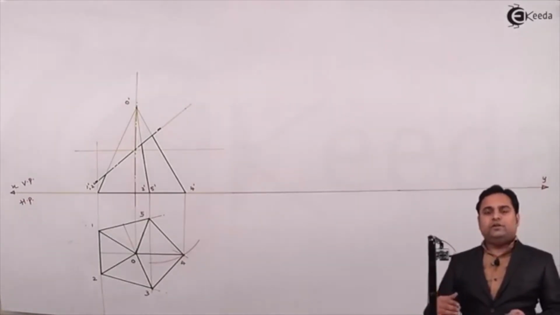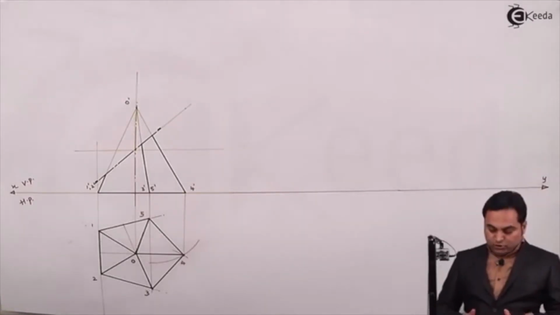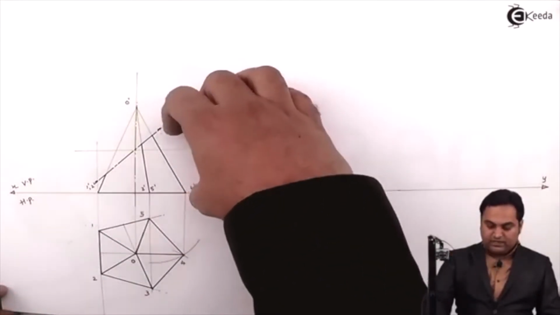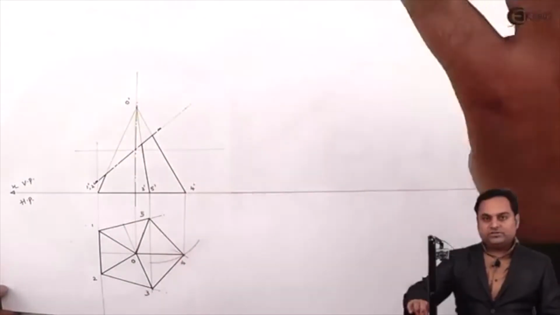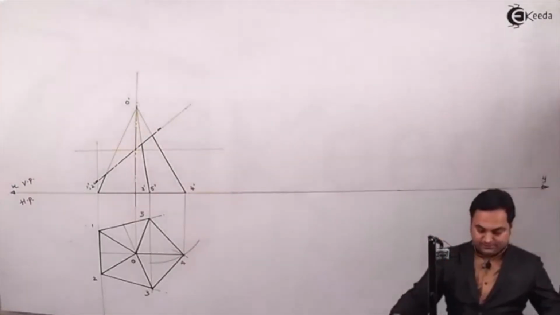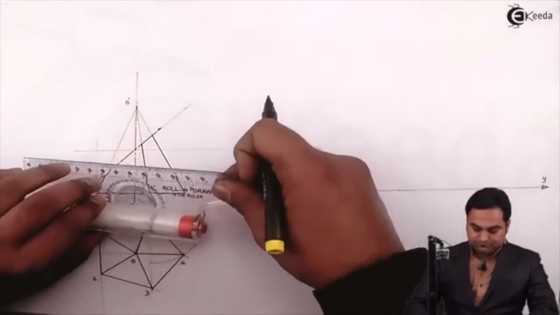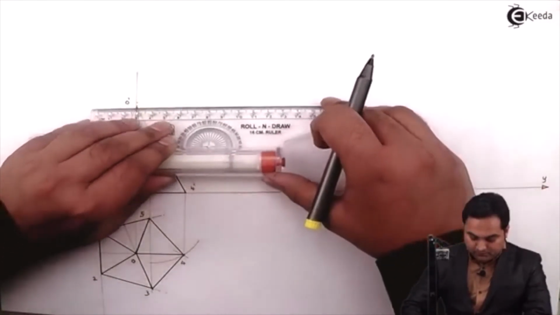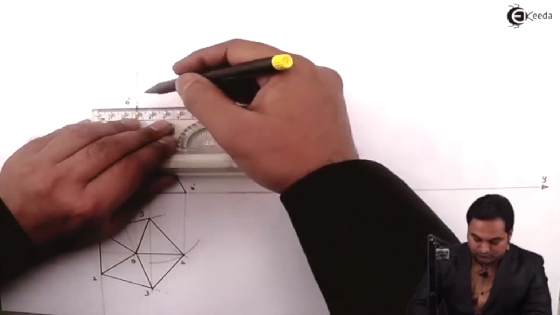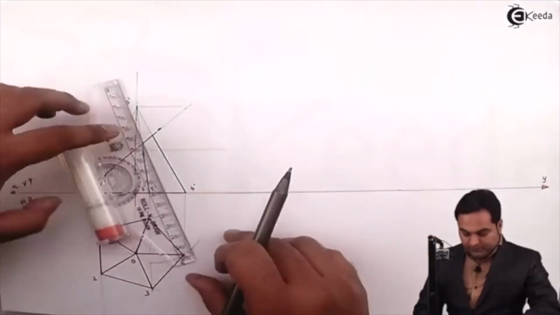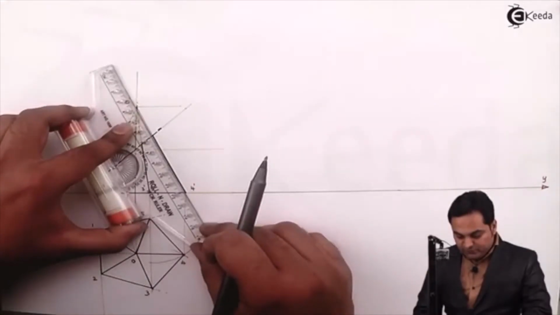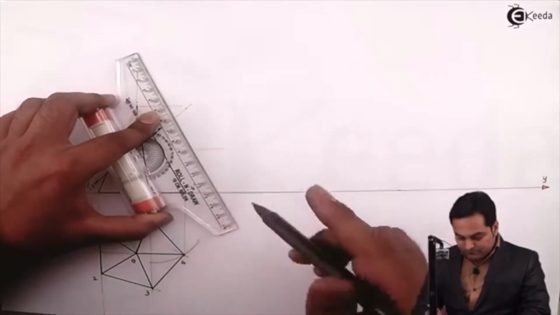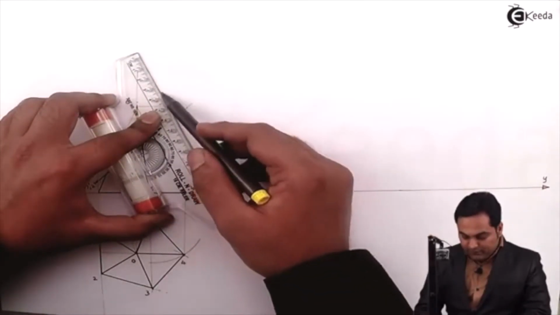Now we have to draw the development, that is we have to open this pyramid. So I'll start opening it from this edge. Here it is O dash 4 dash. So I'll start opening it from here itself, and for that the method is, for the development, this we are doing, projecting a light horizontal line, then through this edge O dash 4 dash I am drawing a light parallel line.